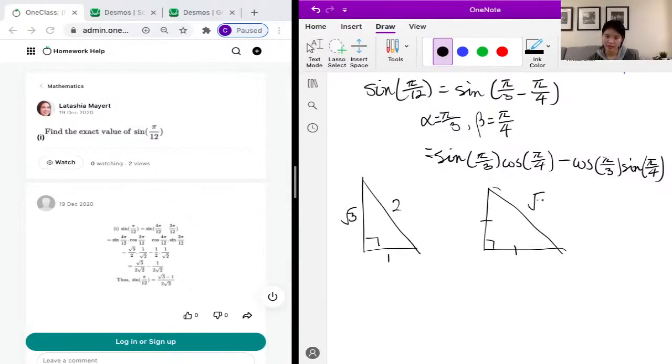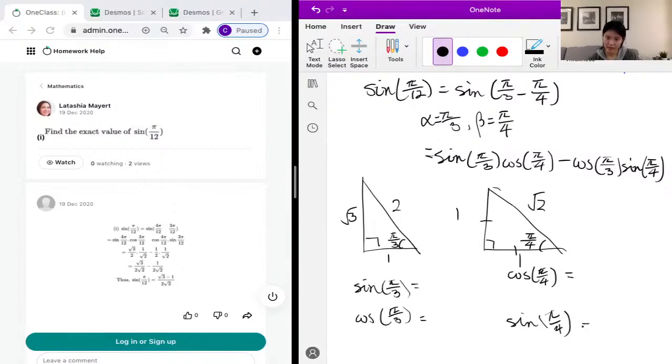And here our second special triangle, where the hypotenuse this time is root 2. Here we have our angle pi over 4, and here we have our angle pi over 3. So we need to know sine and cos of pi over 3, and cos and sine of pi over 4.